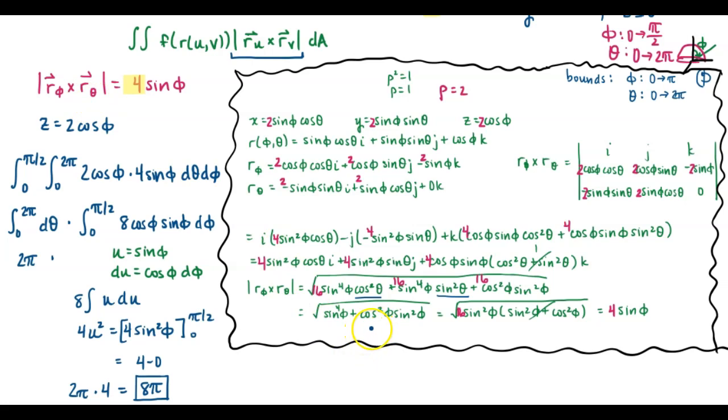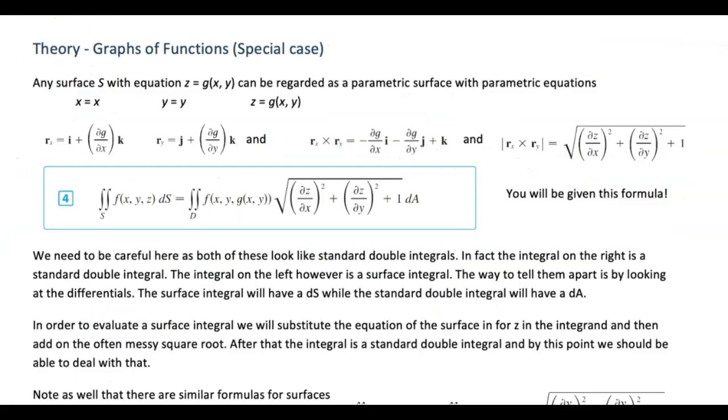So in the special case that we have some surface and the equation can be written in the form of z is equal to g of x and y, this can be called a parametric surface with these equations.